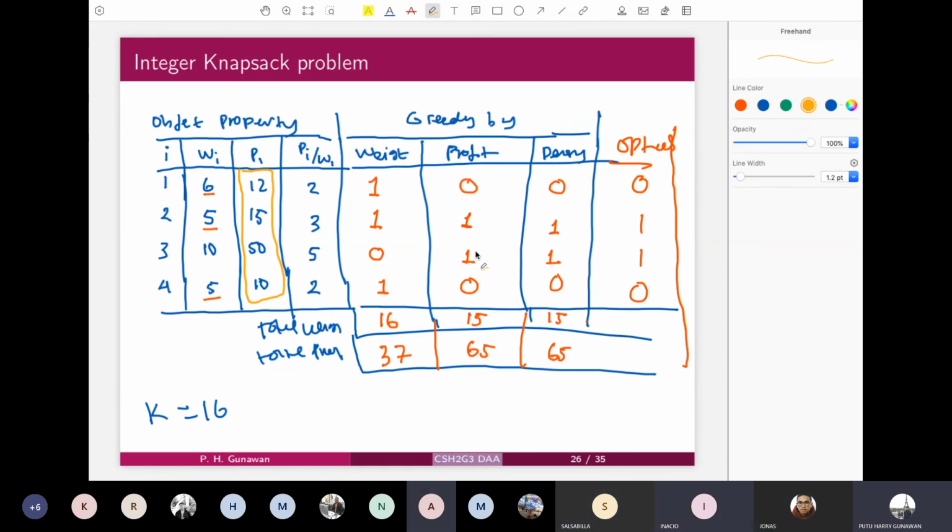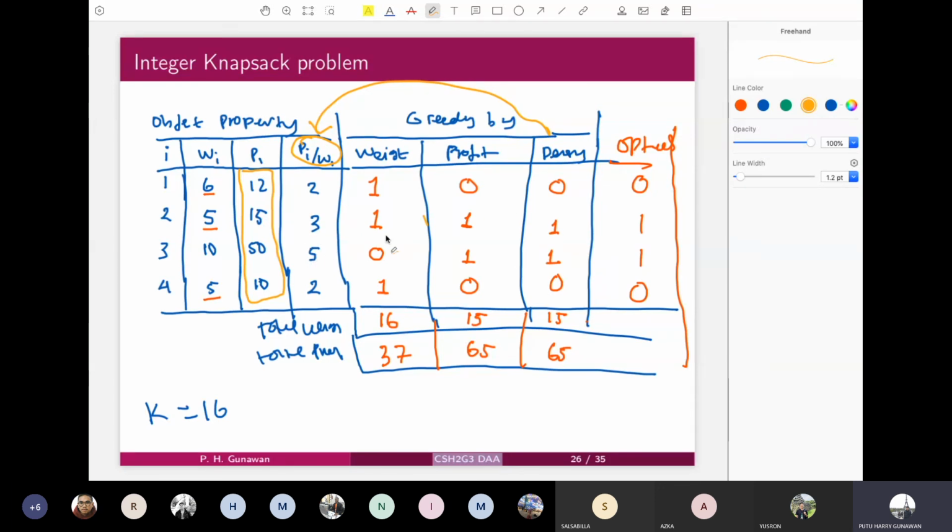Sir, about the density, why is it equal to 15 and 65? So the density, this one, right? So this is the density. Look at the table. The density is this one. So pick the highest density.